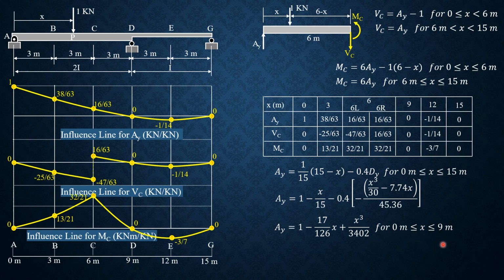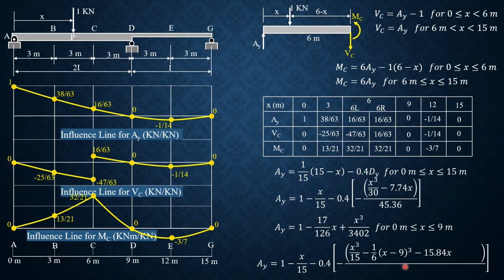Then 9 to 15, so Ay is 1 minus x over 15 minus 0.4 of negative quantity x cubed over 15 minus 1 over 6 times x minus 9 cubed minus 15.84x plus 48.6 over 45.36.